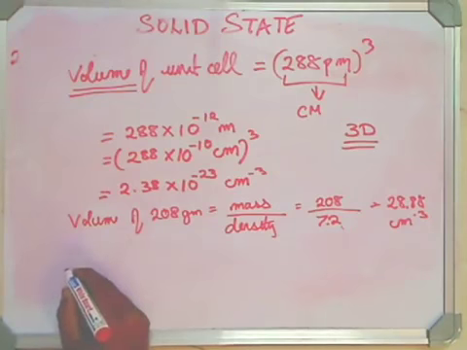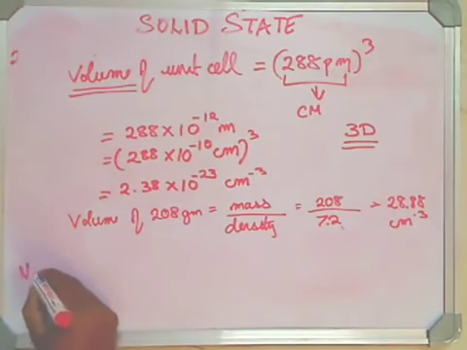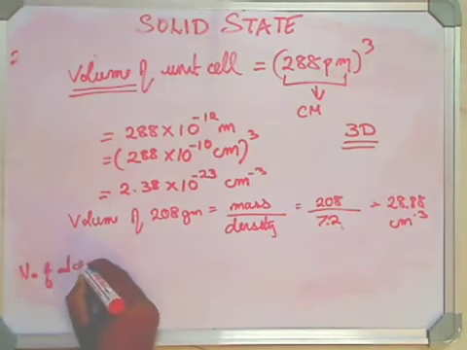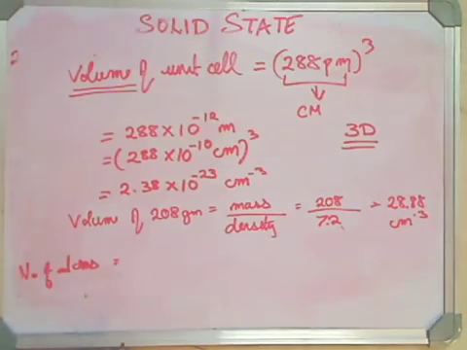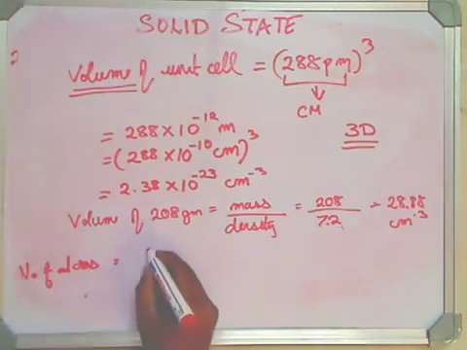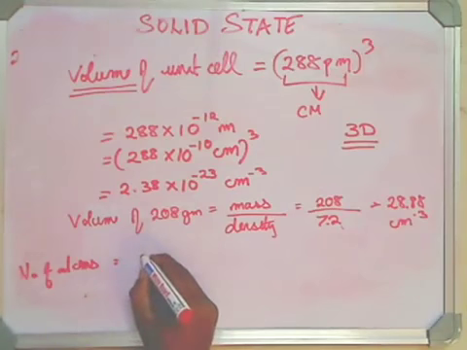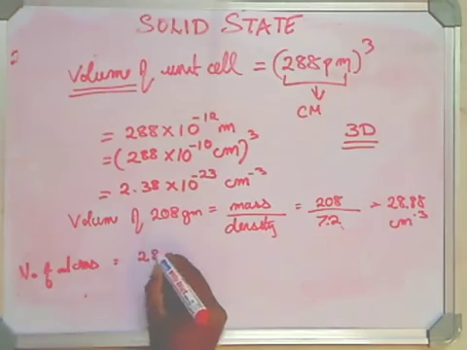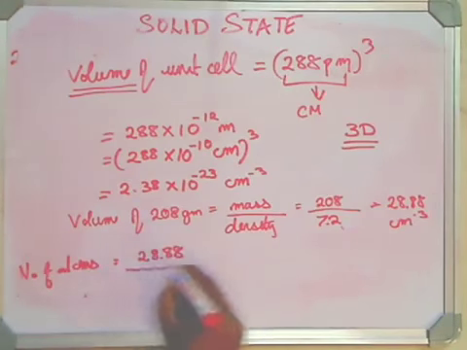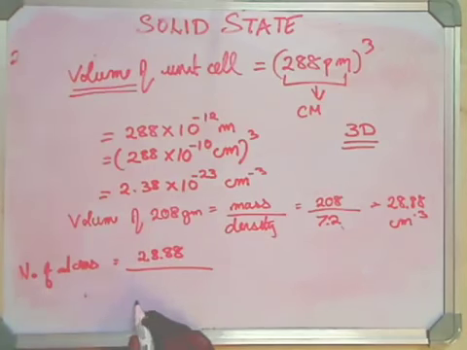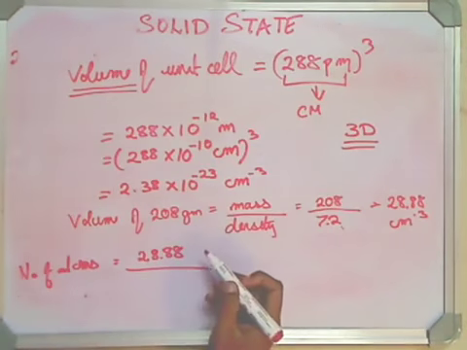To find the number of atoms, you consider the volume of 208 grams, the value which we arrived at, 28.88, divided by the volume of every unit cell.